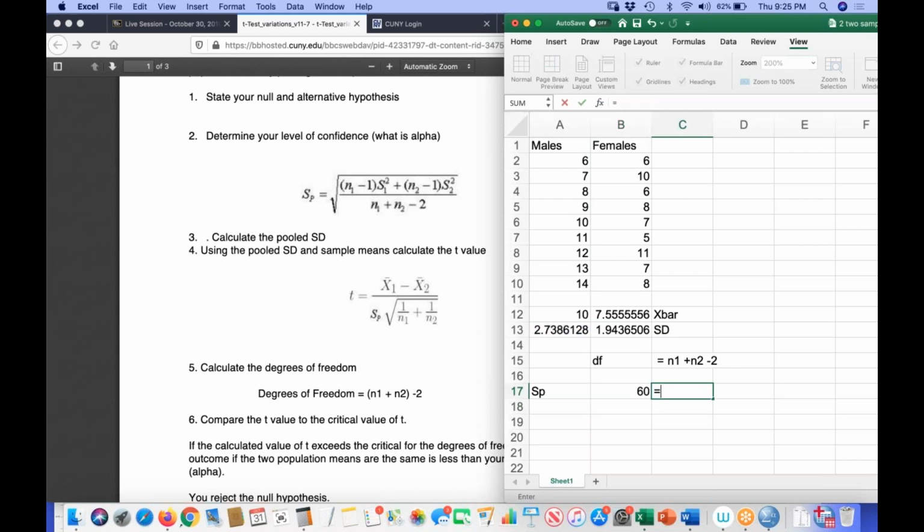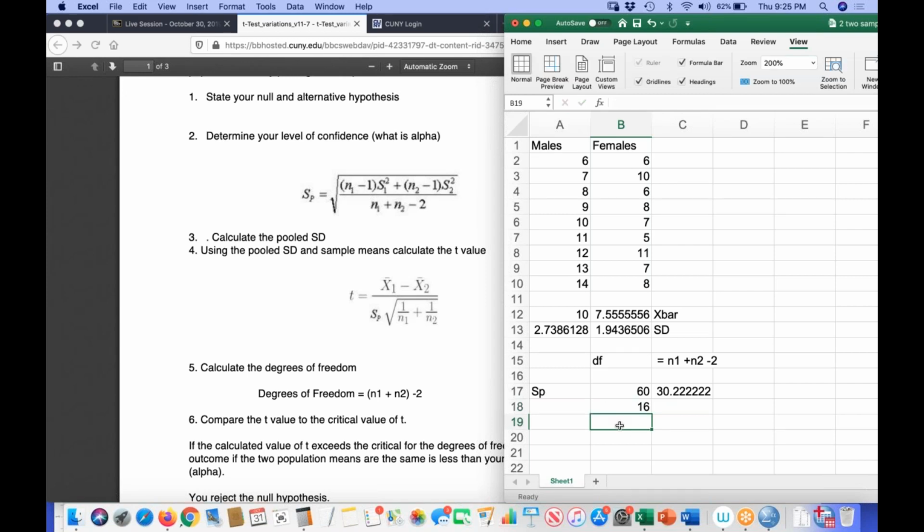Then over here I do the second part: 8, the same sample size, times the standard deviation for females squared. And on the bottom we have 16, because 9 and 9 is 18, minus 2.